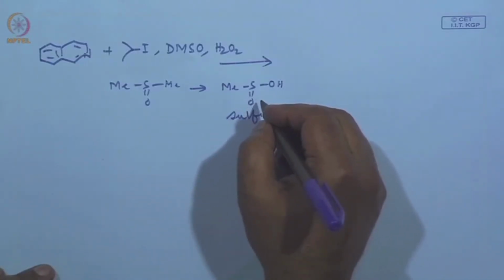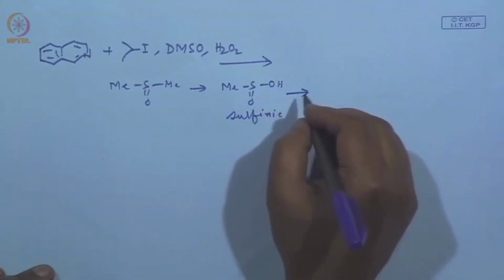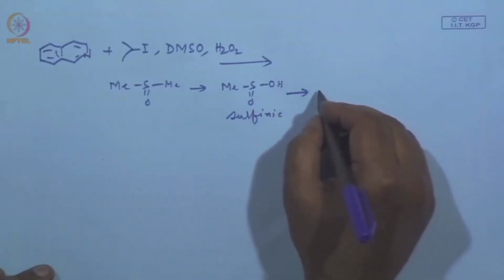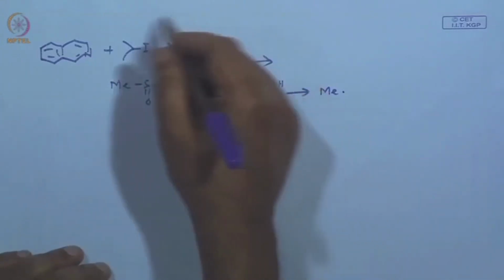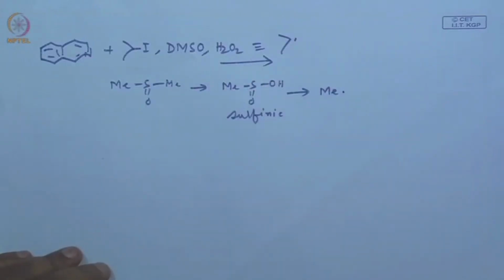They are very unstable. If you keep it in a fridge, it will stay there for a month, then after that it decomposes. But in the form of salt, it is pretty stable. It can be marketed, it can be shipped, it can be stored, and so this gives rise to the corresponding alkyl group.